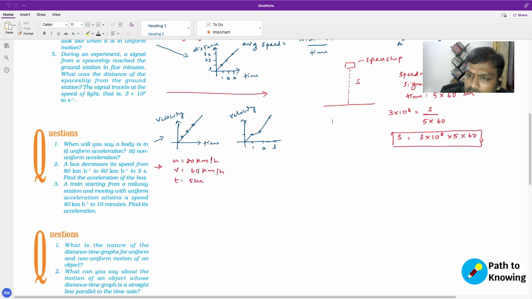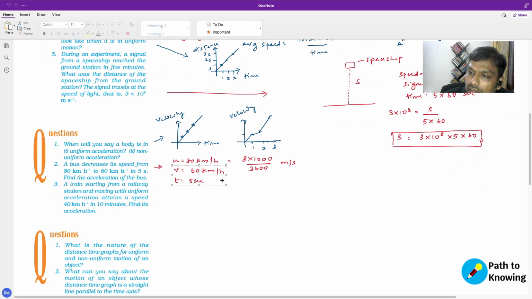So in a sense, let's convert these into meters. So U can be written as 80 into 1000 meters divided by 1 hour, which has 3600 seconds. So you can write 80 kilometers per hour as 80 into 1000 by 3600 meters per second.